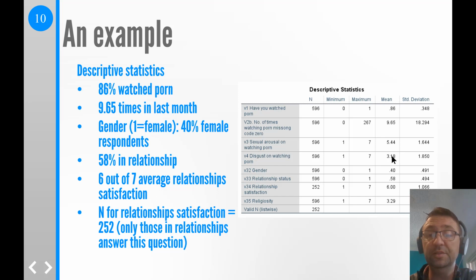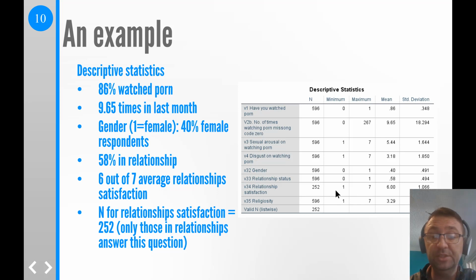You can see the values here are above the center point for arousal, but not for disgust. Gender, 1 is female in this case, so 40% of the sample is female. Relationship status, 1 is in a relationship, so 58% are in a relationship.